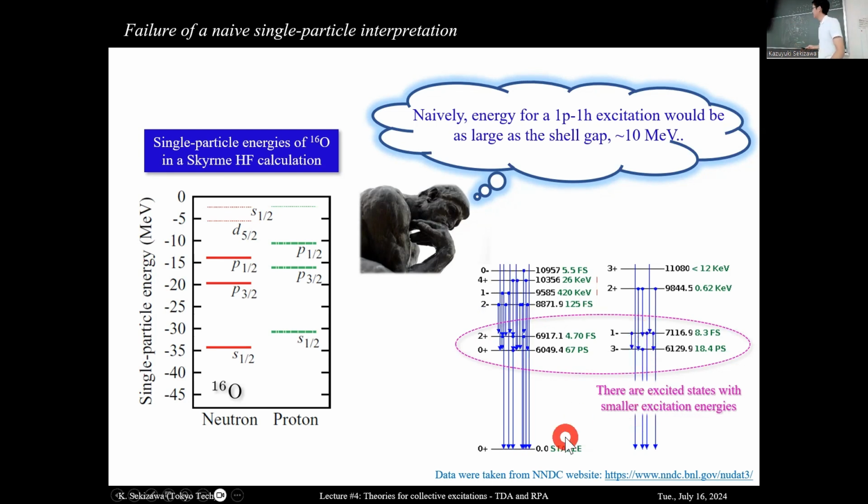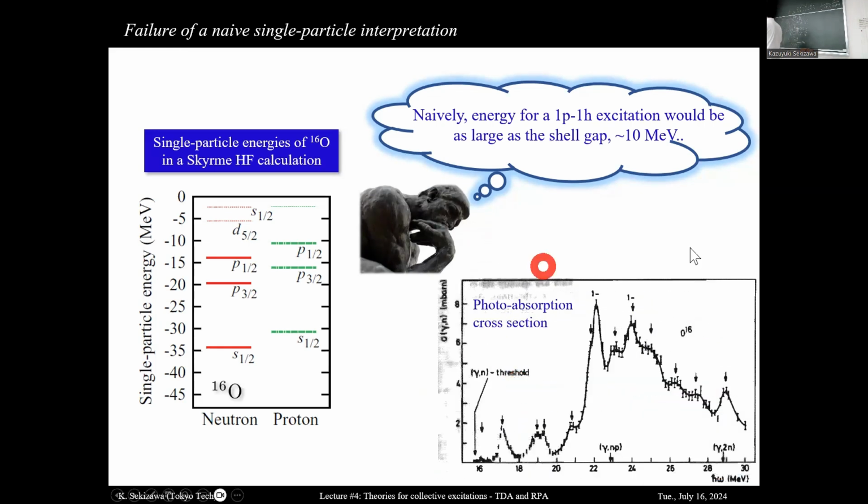And also, again for oxygen 16, this figure shows a photoabsorption cross-section. Photoabsorption means you can bombard the nucleus with some projectile, for instance, a highly charged heavy nucleus such as lead-208, and you can excite the nucleus.